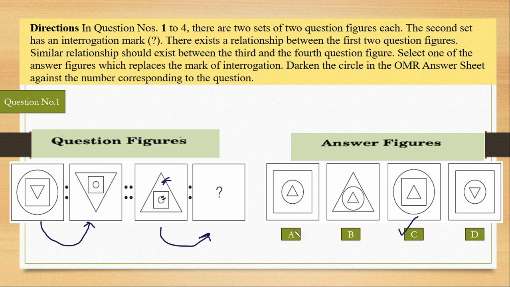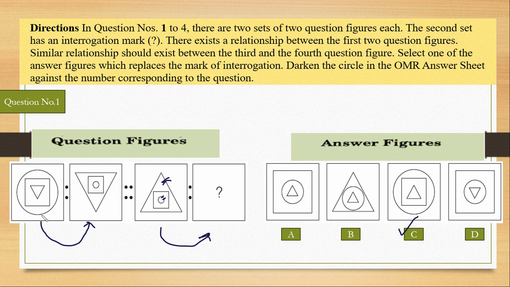So in option A, the square came out, so that is the wrong answer. In option B also the triangle is outside, so that is a wrong answer. In option D, the square came out. So that's why we have to apply the reason from the first set to the second set.